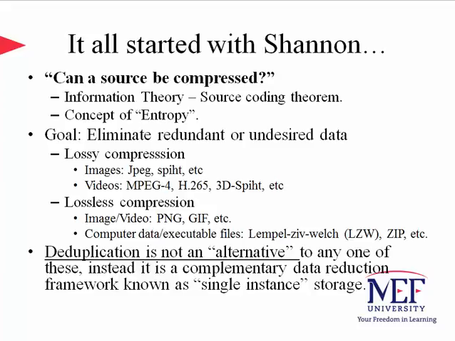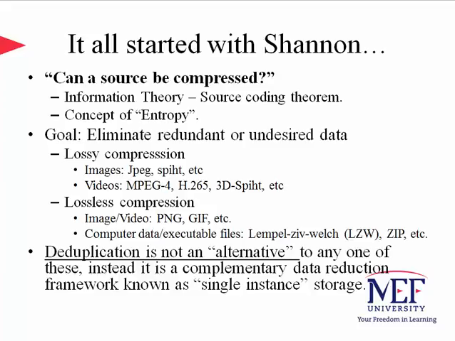Lossless compression, on the other hand, does not lead to any form of distortion. Exact reconstructibility is guaranteed. I don't know if reconstructibility is a word here, but I'm just using it. I'm hoping that you guys understand what it means. PNG, GIF formats are lossless compression examples. Particularly important application of lossless compression is for the computer data, such as Lempel-Ziv-Welch algorithm or zip algorithms.